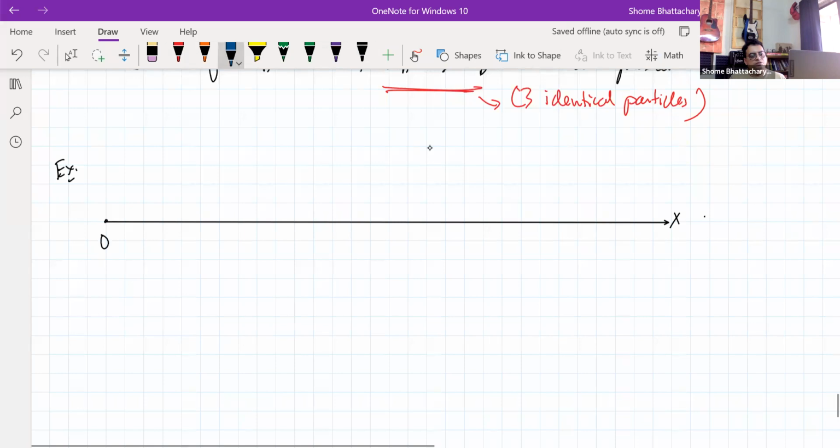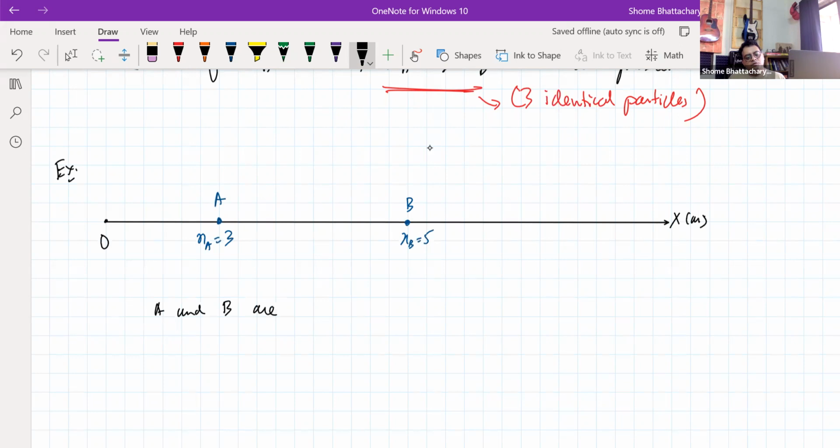Let's say we have two individual particles A and B, which are of identical mass m each, located at x A equal to 3 and x B equal to 5. X is in meters. This is how they are located at time t equal to 0.